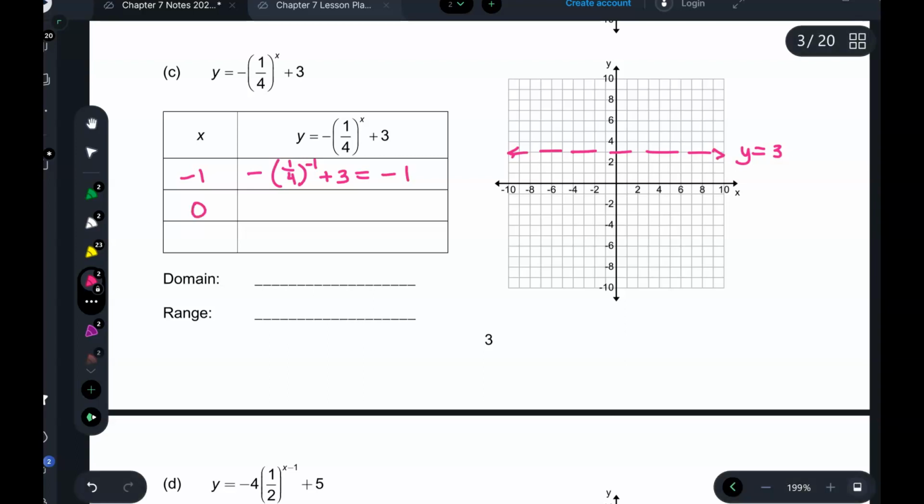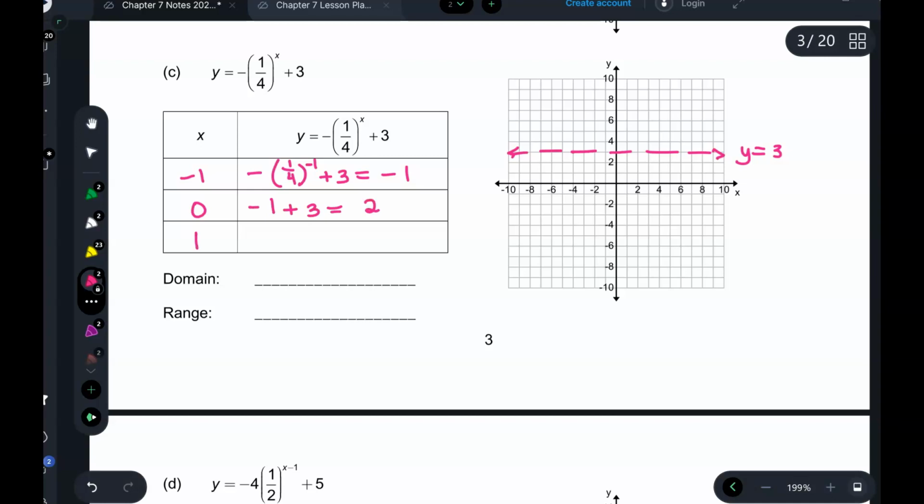Gabe said 0 was also easy. So that means it's underneath. It is underneath because of the negative. If what's in front is positive, it's going to go above the line. If it's negative, it's below the line. What happens when you plug in 0? It just becomes 1, but then there's a -1, plus 3, so 2.